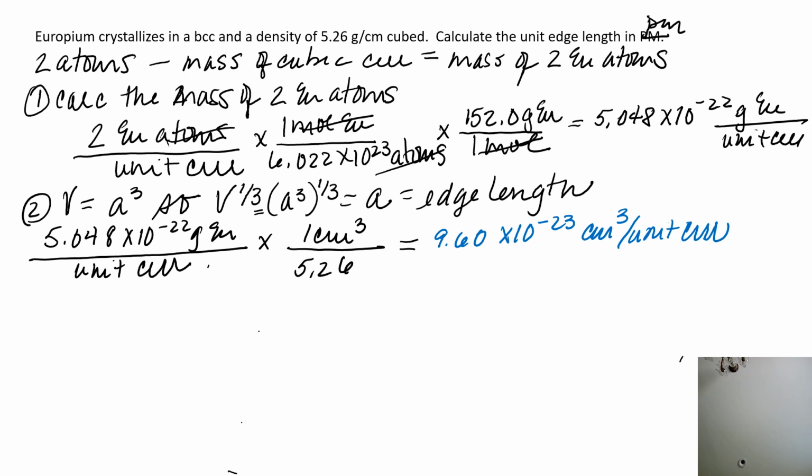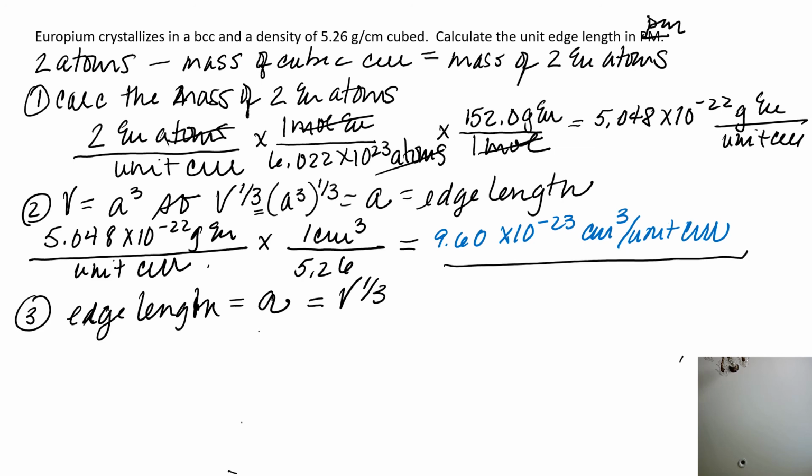Okay, so step 3, again, edge length equals A, which equals V to the 1/3. And so this is V. So we'll take the cube root of that.